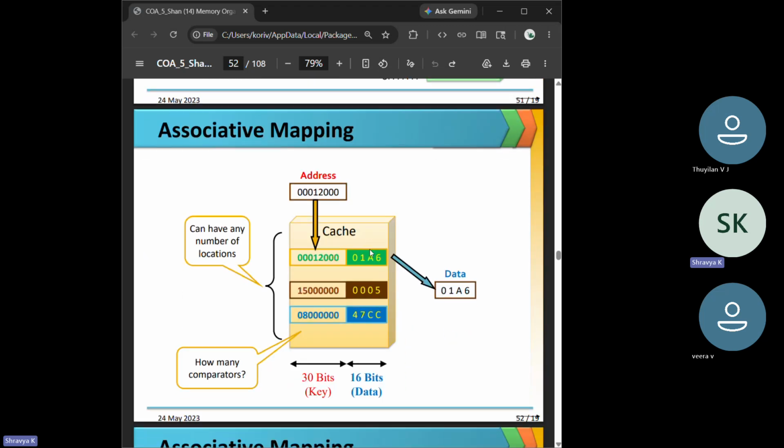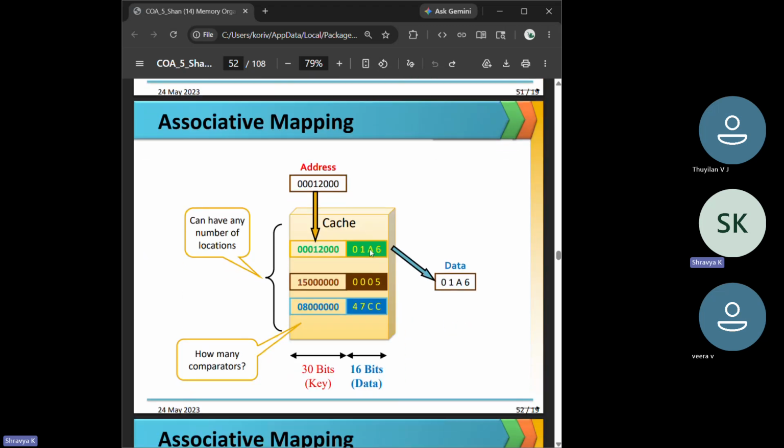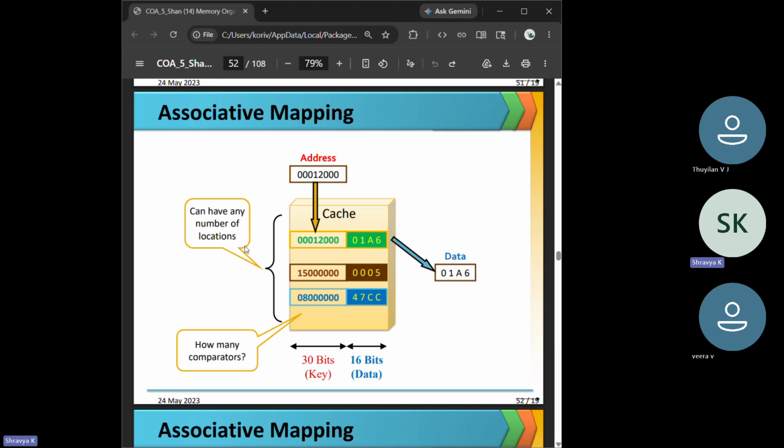That is what associative memory mapping does, and this can have any number of locations, and the number of comparators required will be the number of items in the cache. So that is why it will become expensive.